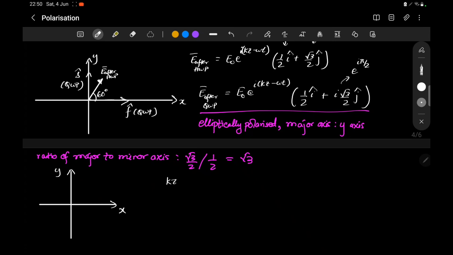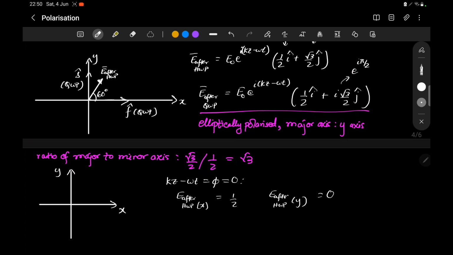So when kz minus omega t, which is, let us say, phi, is equal to 0, we have the x component after the HWP equal to half, and the y component is 0, because of this pi by 2 term with the y component.